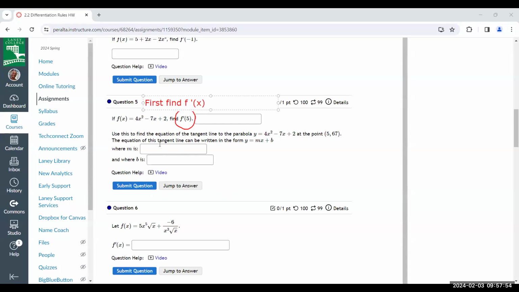And then once you have your f prime of x, then you can plug in 5 for x. So let's find f prime of x in this case.